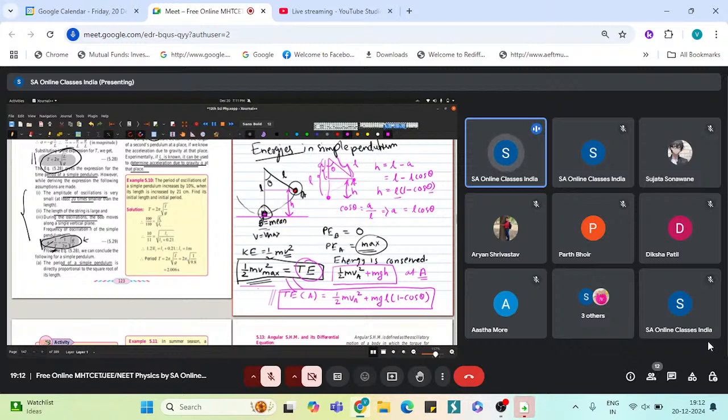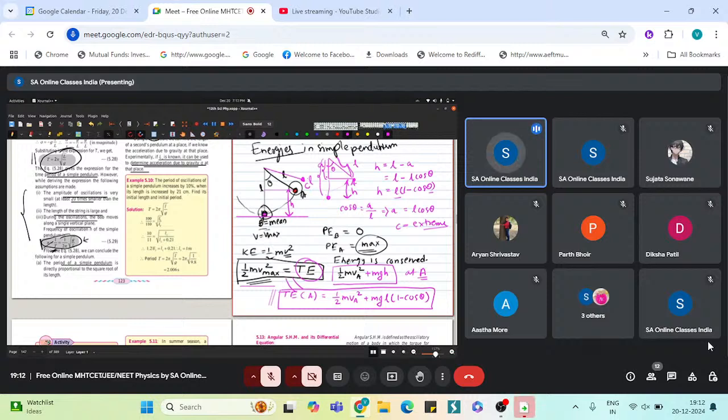Similarly, now if you see this point, let's say this is some point C, and the C point is the extreme point. So B point is the mean point, A is some random point, and C is the extreme point of the pendulum.